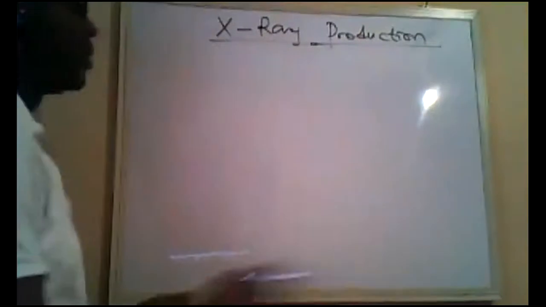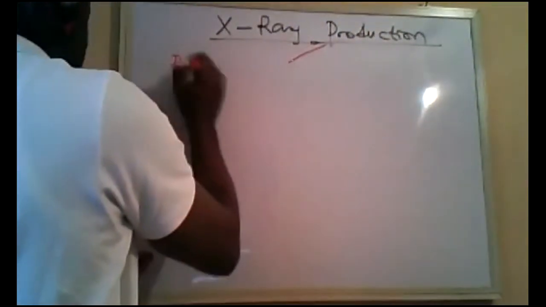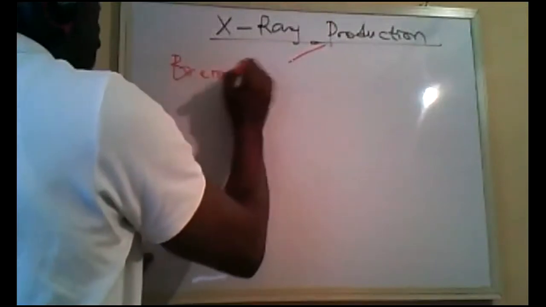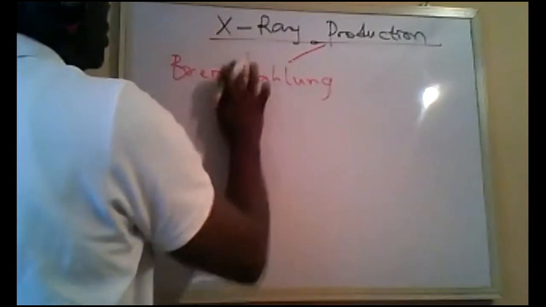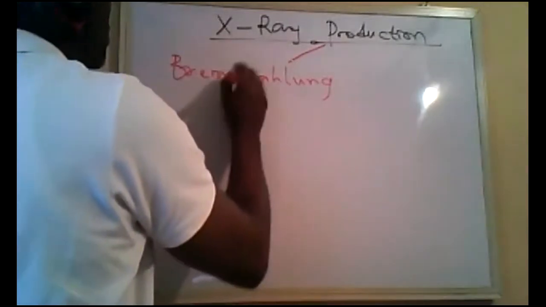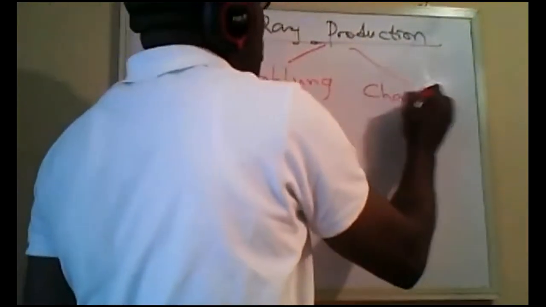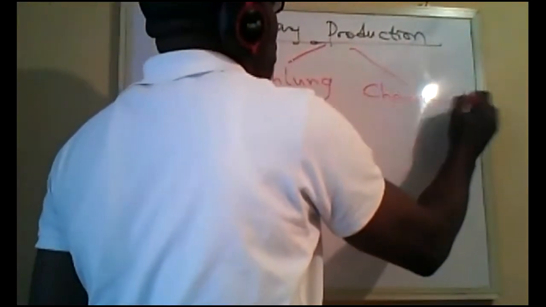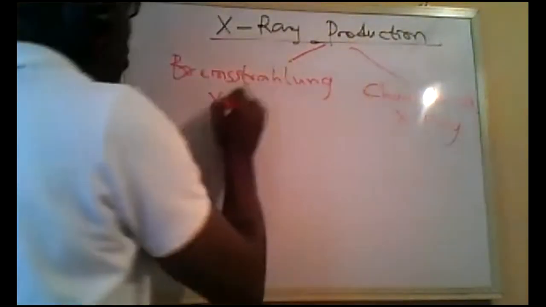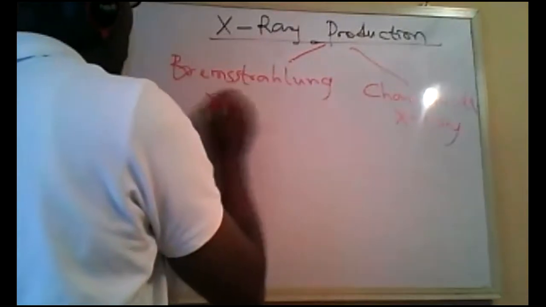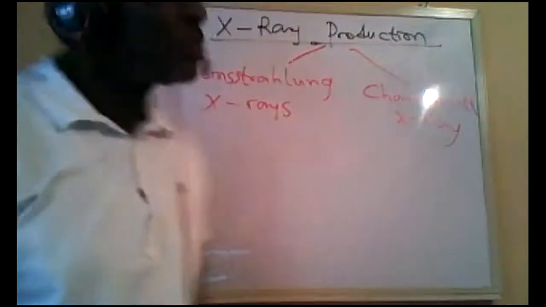So look at Bremsstrahlung. The production of X-ray is based on both Bremsstrahlung, this is the double S, and then characteristic X-rays.